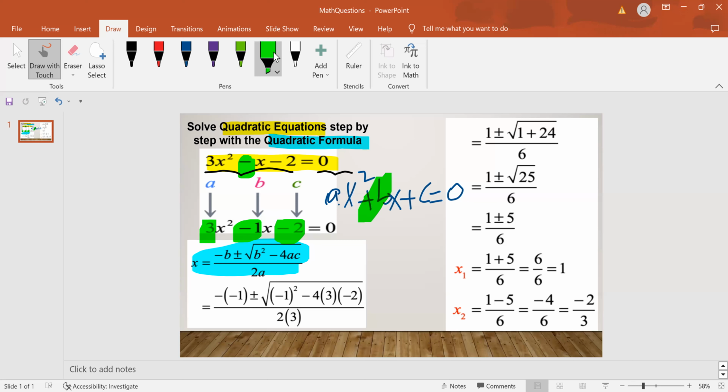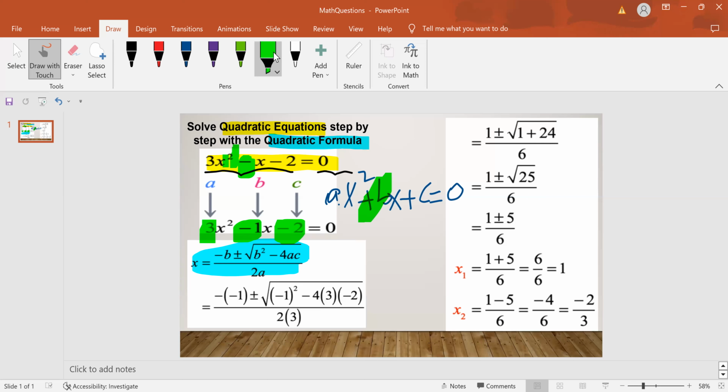Now we know a, b, and c. We're going to plug them into the formula to solve for x. X will be the solution. But before we continue, understand that the reason they call this a quadratic equation is that the highest power of the variable here is 2. The exponent, the power, is 2. This tells you that you're probably going to have two solutions.